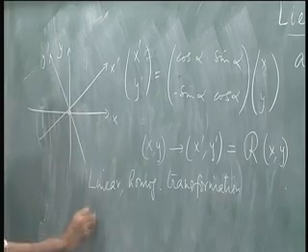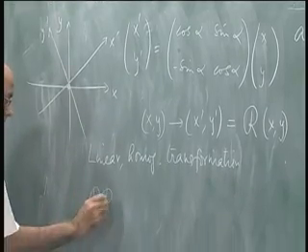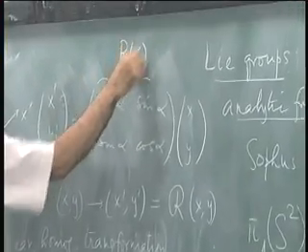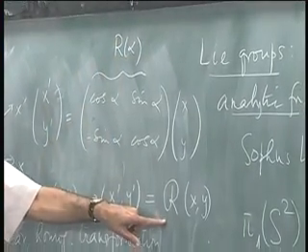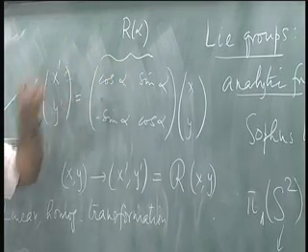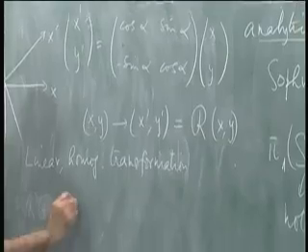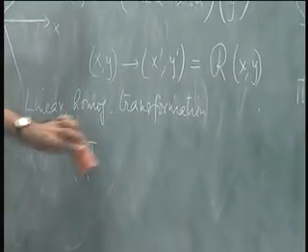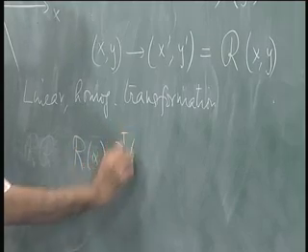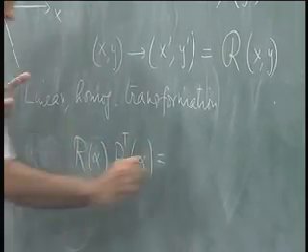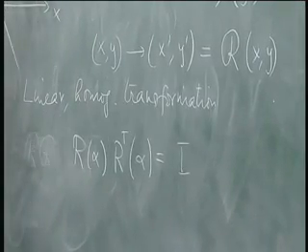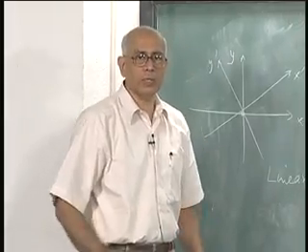So I know that R, let me call this R of alpha. This is my abstract rotation, this is the 2 by 2 matrix representing the rotation. Then R of alpha, R transpose of alpha is equal to the identity matrix, which corresponds to the identity element of the rotations, which means no rotation at all.